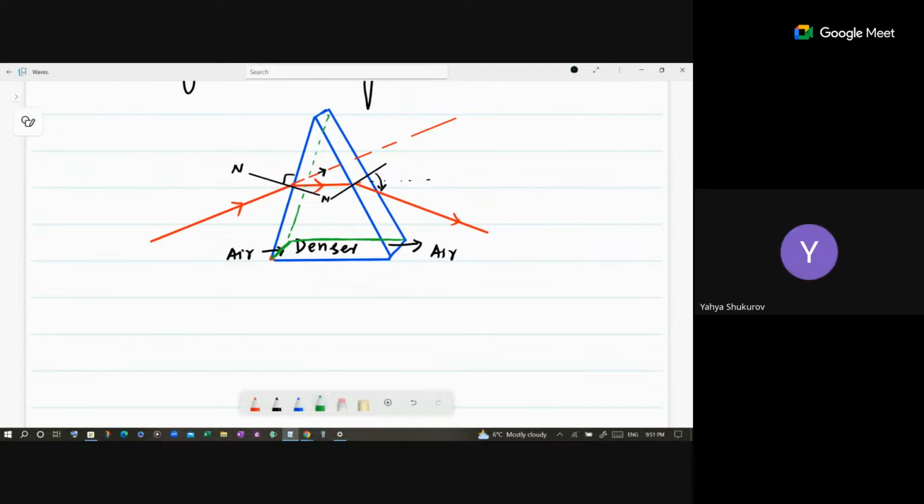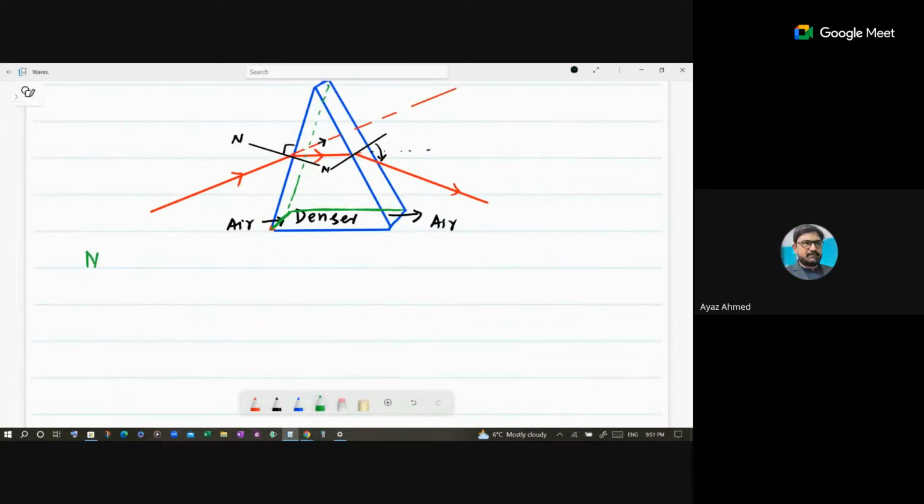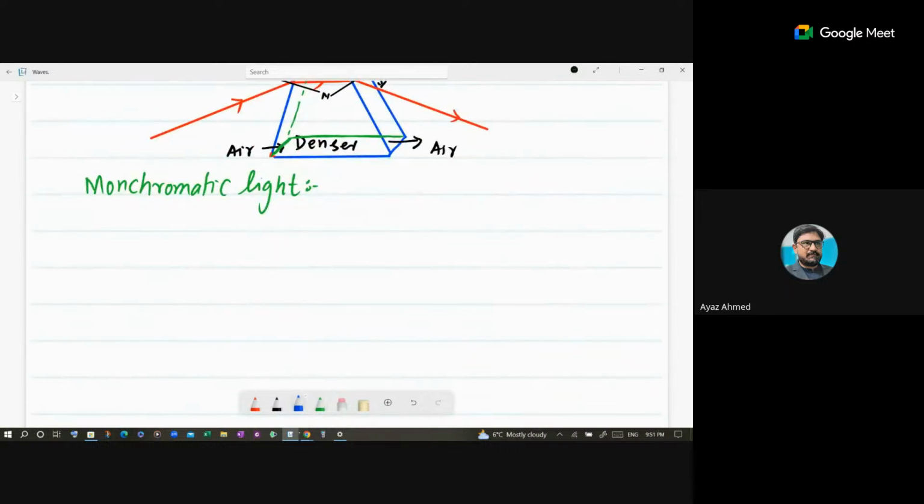Okay. So this is called a monochromatic light. Monochromatic light is the light with single wavelength, single frequency, or single color. Mono means single and chrome means color.